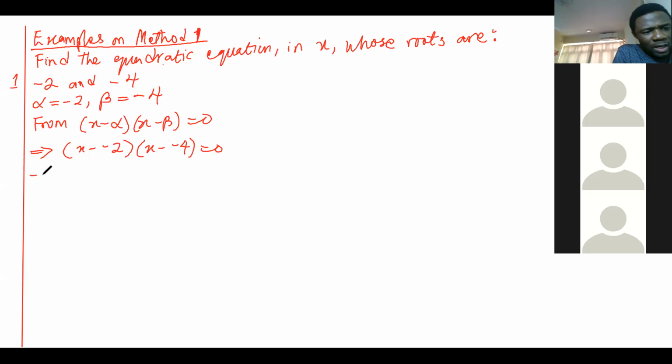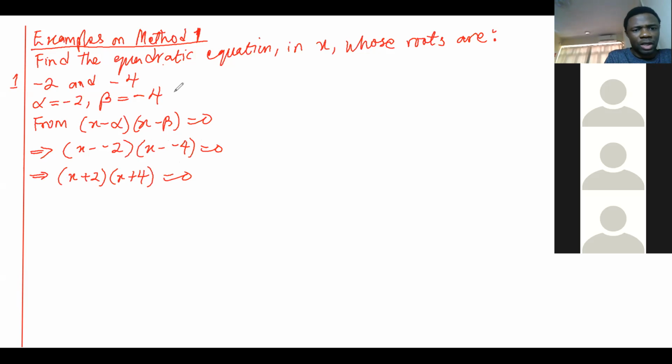Actually, you may decide to skip that step and just write x plus 2, x plus 4 directly. That's also allowed. So basically you may just identify, state your formula, and move here. You may not need to do this, but I want to see the step that I put on check.